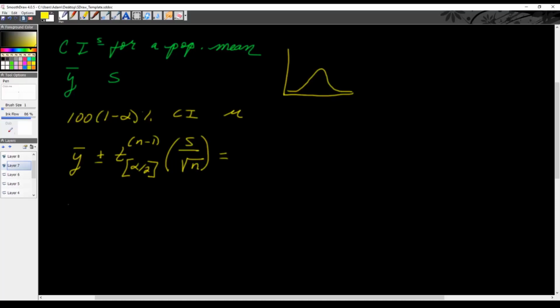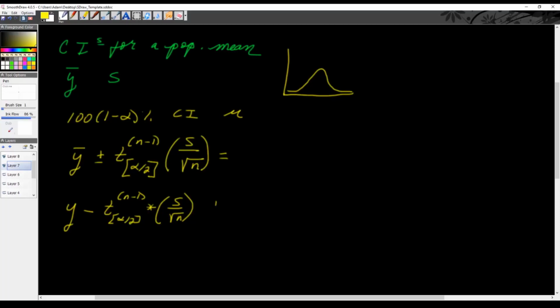So this is just, and when we do this, you'll see how easy it is. We take the critical t value multiplied by the standard error of the mean, the sample standard deviation divided by the square root of the sample size.